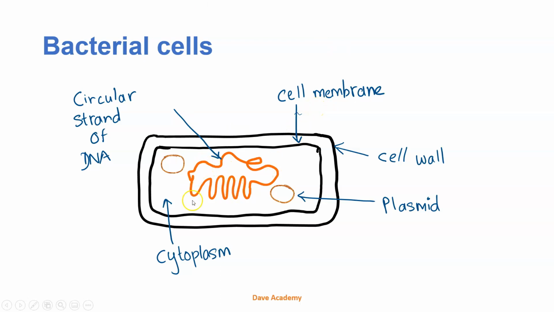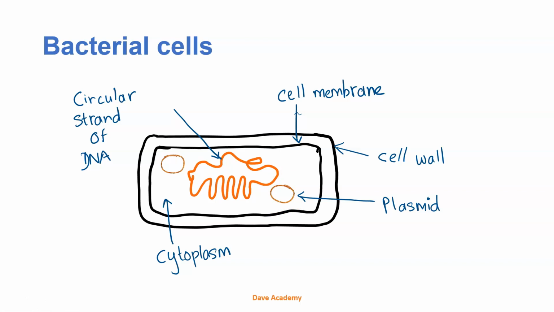Instead, it has a single strand of DNA that floats freely in the cytoplasm. It also contains one or more small rings of DNA called plasmids for gene transfer, which are mainly for antibiotic resistance.